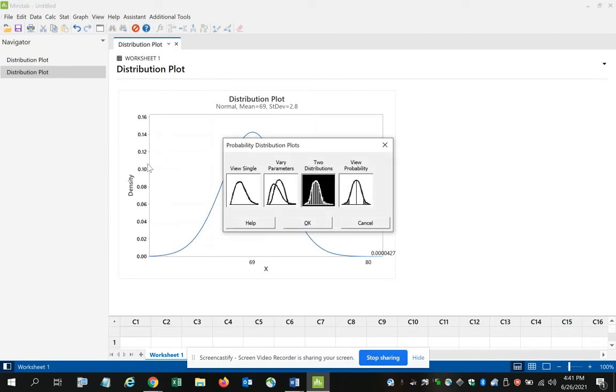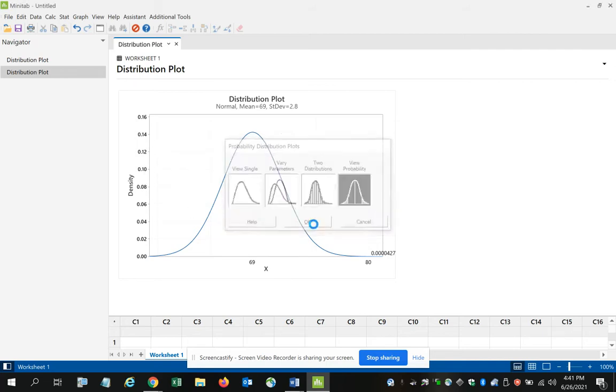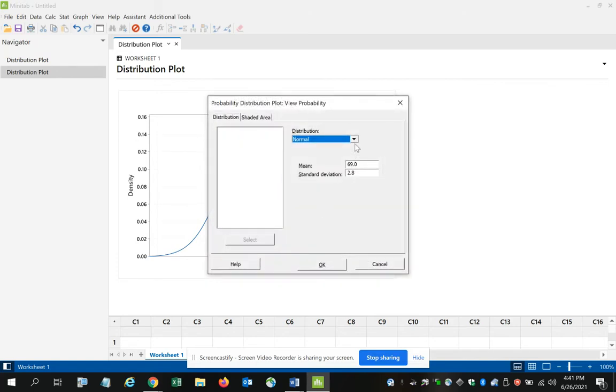We arrow to the right to highlight view probability. We click OK. We have a normal distribution. The mean was given as 63.6 and the standard deviation was 2.5.